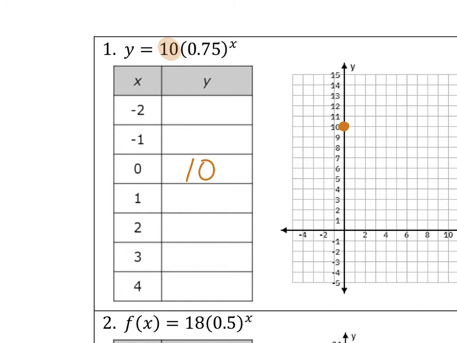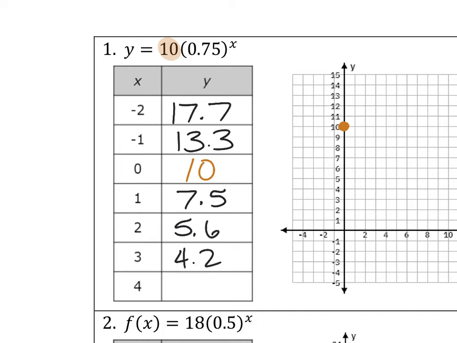Again, it gave me all of the values that I want to put into this table, which for me is going to be 17.7 and then 13.3. We already have the 10, 1, 7.5, 2, 5.6, 3, 4.2, and 4, 3.2. 3.16 would round to 3.2.